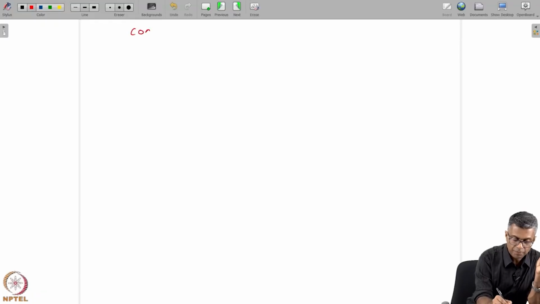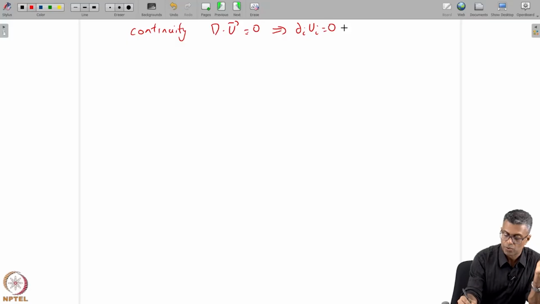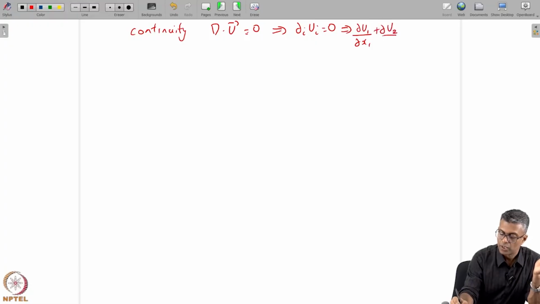I have continuity. This is an equation that looks like this with the incompressible assumption, because that's what we are dealing with right now. I have del dot u is equal to 0. So this implies in index notation that del i ui is equal to 0, which is the same as del u1 del x1 plus del u2 del x2 plus del u3 del x3 is equal to 0.